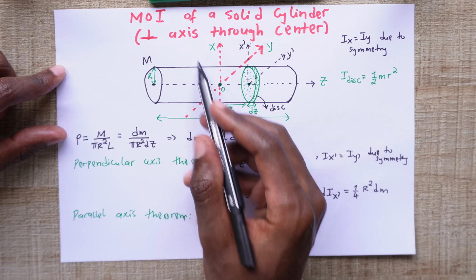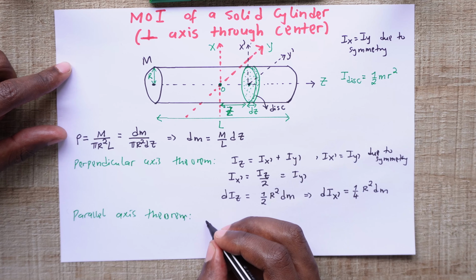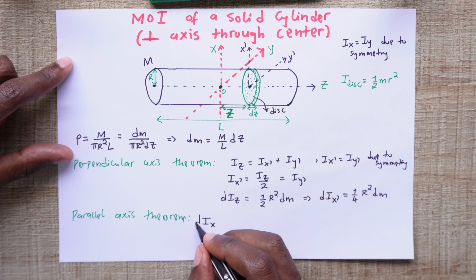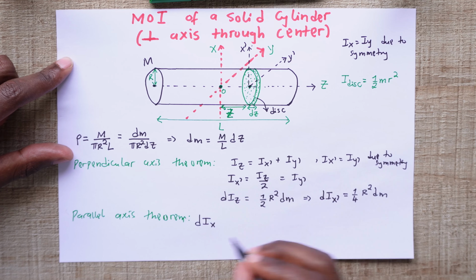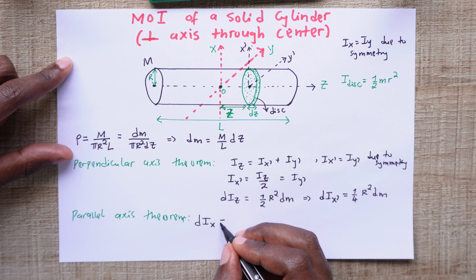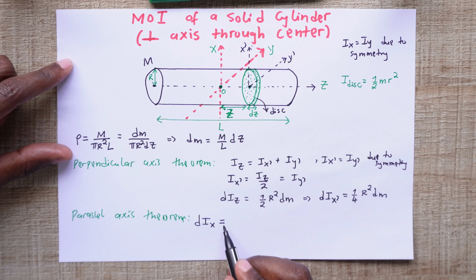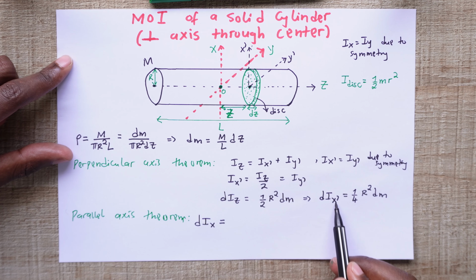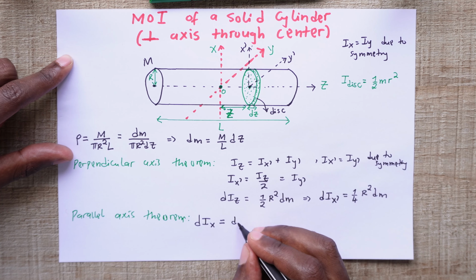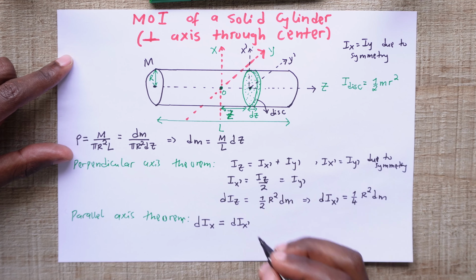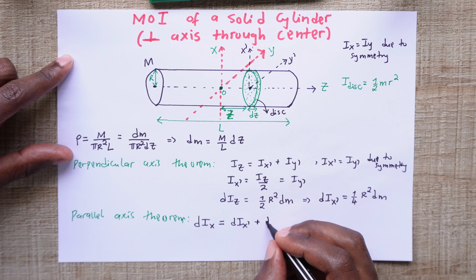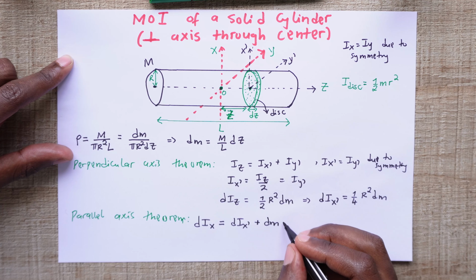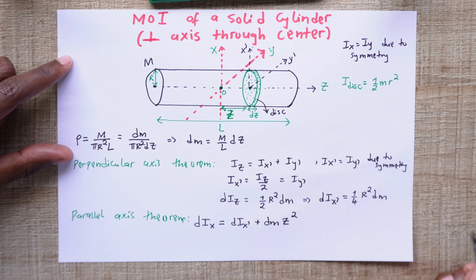the moment of inertia about the axis x, we can call it dIx since we are dealing with the elementary mass dm. So dIx is going to be the moment of inertia of the disk about its center of mass, so we're going to call it dIx prime, plus the mass of the disk times the distance between the two parallel axes, which in this case is z, all that squared.